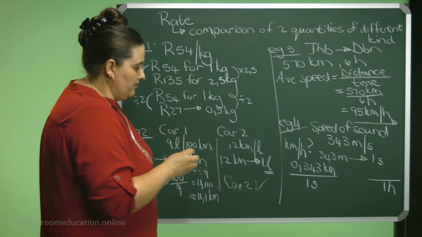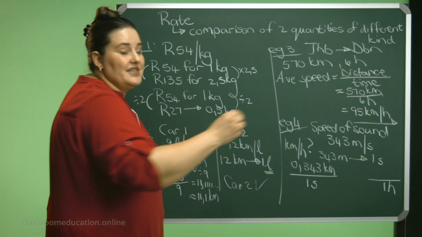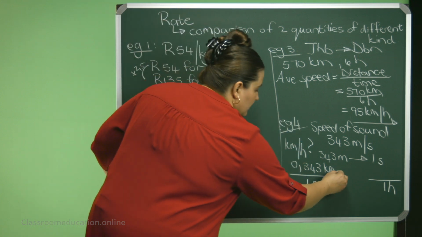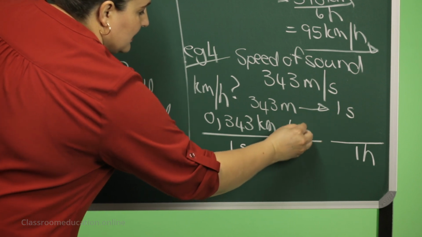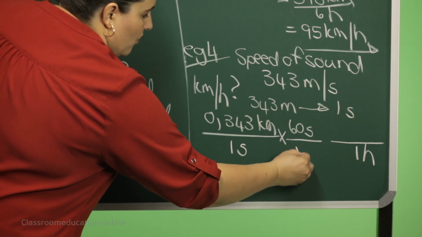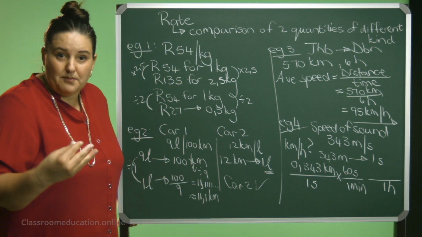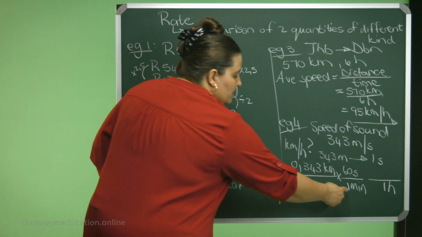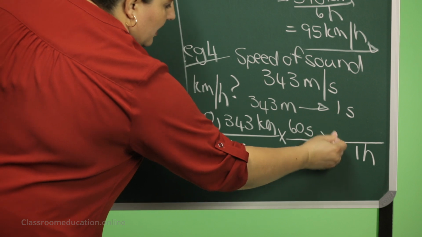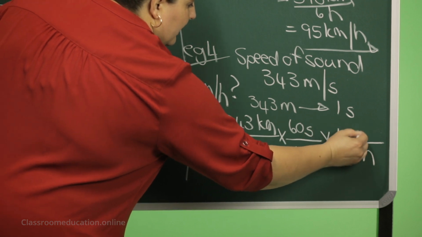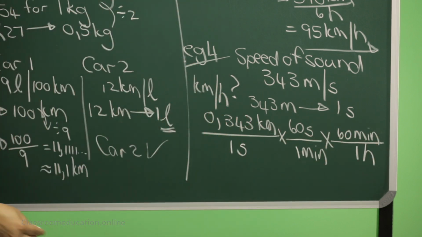So what do I do? First thing, I'm changing my seconds to minutes. So I multiply 60 seconds divided by 1 minute. That's the same, and there's 60 seconds in a minute. And then I need to change my minutes to hours. So I multiply by saying 60 minutes in 1 hour.